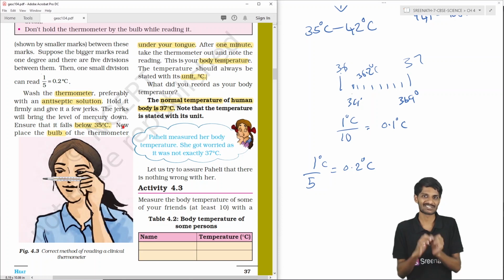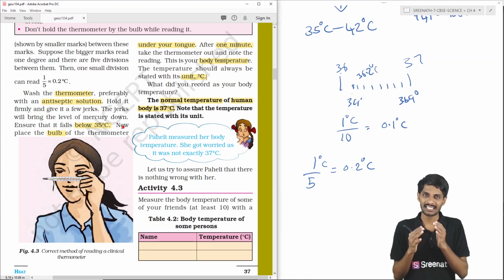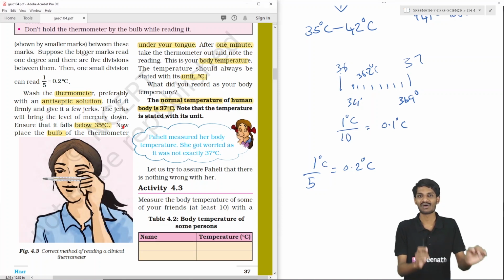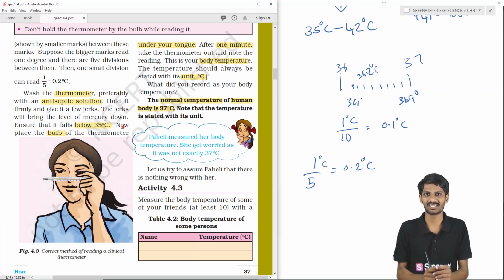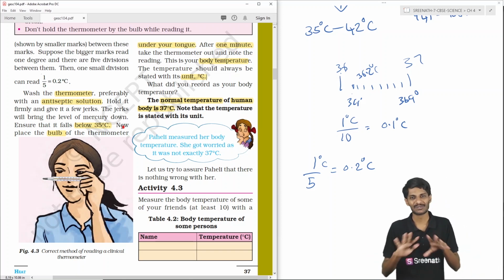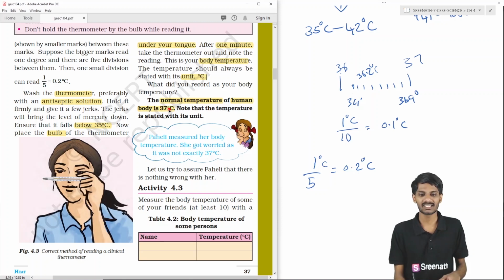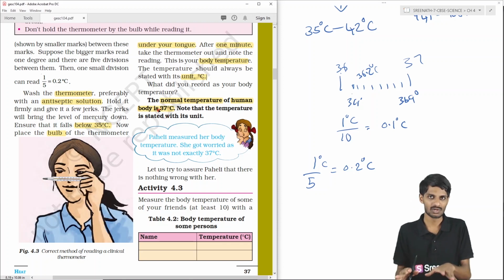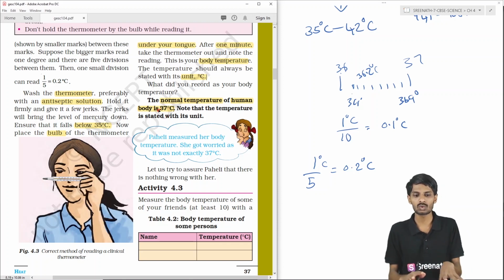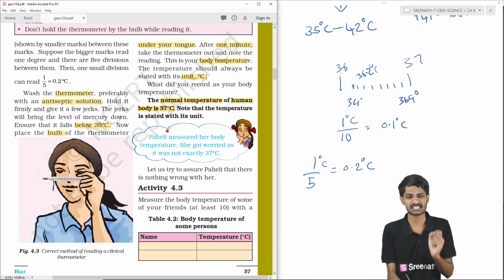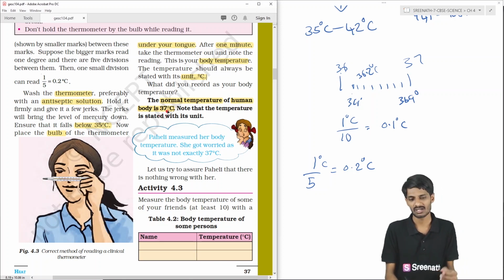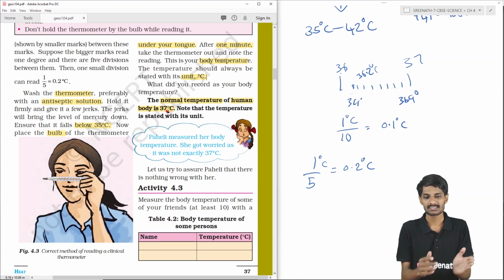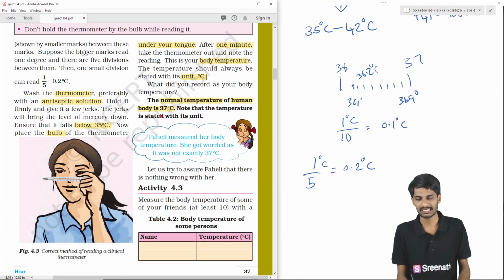Obviously it is not exactly 37 degrees, students. It may be below or above 37 degrees. No problem, don't worry. 37 degrees Celsius is the average value. There is no rule that everybody must have exactly 37 degrees Celsius. Somebody is a little less, somebody a little greater.